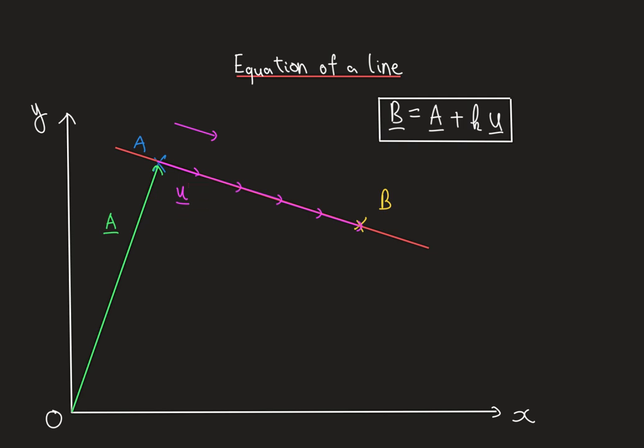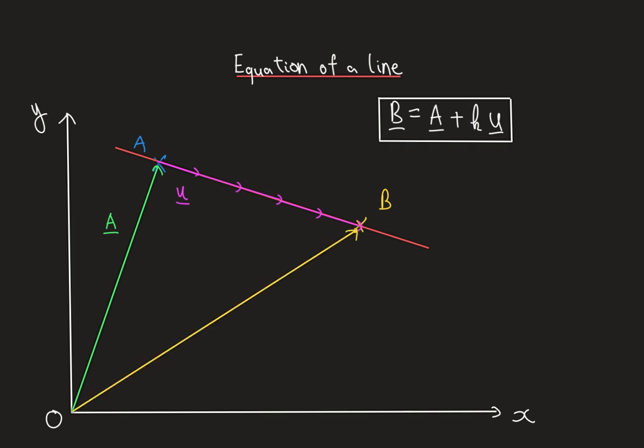And this is the mathematical definition of a line. Okay, so here we have a general point B on the line, and A is a specific point which we know belongs to our line, and u is our direction vector, and k is the number of times we multiply u in order to reach any point B on our line.